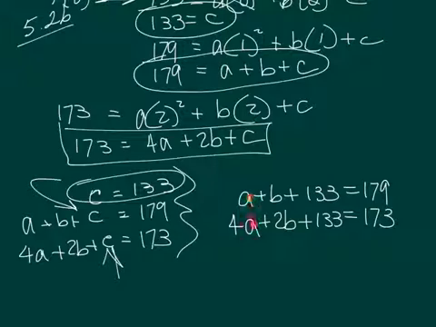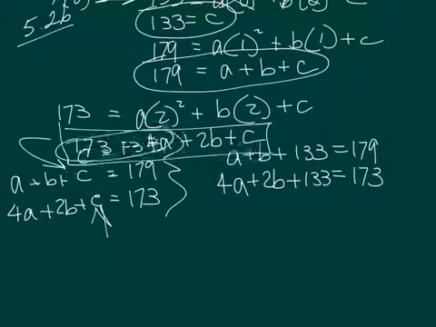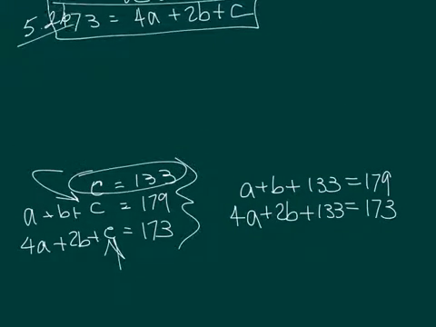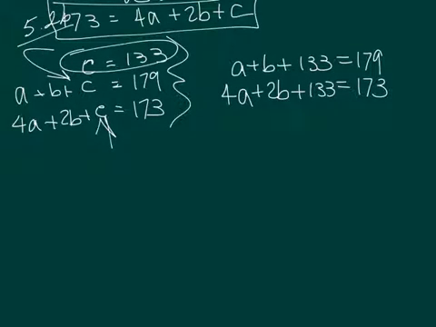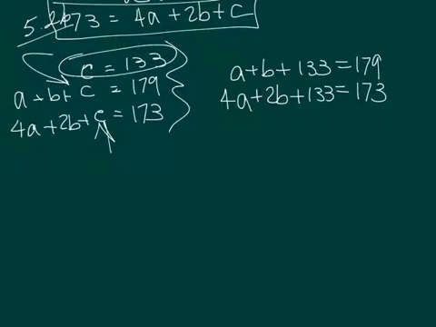So now I have two equations with two variables. I move this over, and just do my systems of equations. When I solve this, my top one, I get a plus b equals 46.